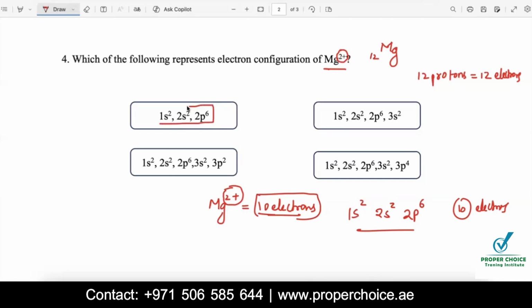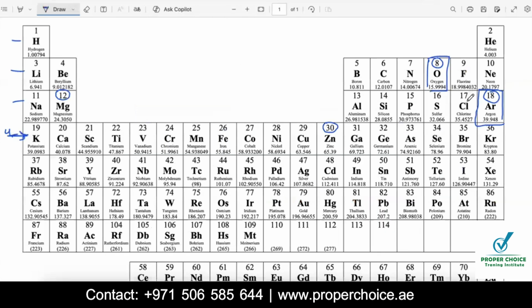Keep it in mind. If they are putting it as a minus, you have to add that many electrons. If we are writing it as a plus, you reduce them. For example, when I'm writing Cl minus, chlorine minus, what is the atomic number of chlorine? 17.